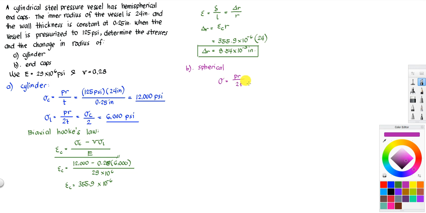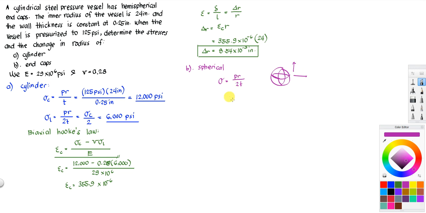Wherever you cut it, whether here or there, it is the same. In two directions, horizontal and vertical, in two axes, they are the same. It means the circumferential stress and the longitudinal stress are the same.